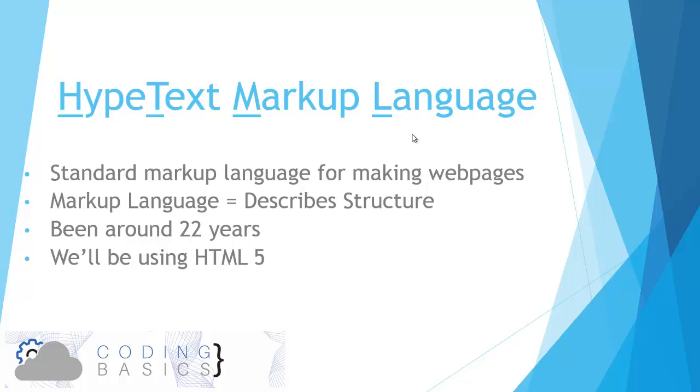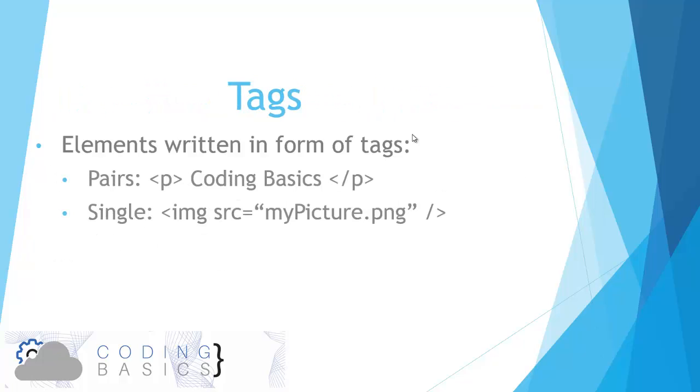HTML is a markup language. What that means is you describe basically the layout of the web page. You're describing how the website should be laid out. HTML itself has been around for about 22 years, and in this series we will be using HTML5, which is the newest one if you're wondering.